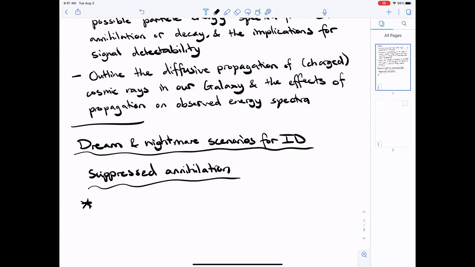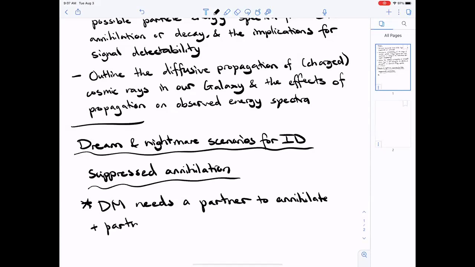So one possibility is that the annihilation is not just dark matter, but it's dark matter against some other particle, and that other particle isn't present in the late universe. So DM needs a partner to annihilate, plus the partner abundance is suppressed at late times.